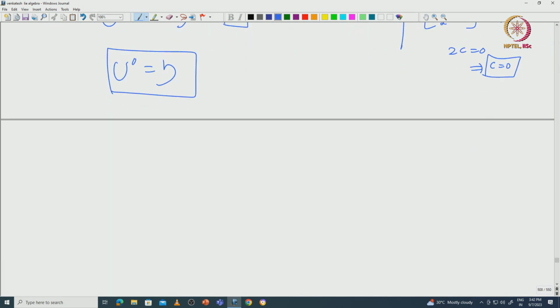Now you can see that if W is non-zero, then this W must contain some irreducible representation, let us call it V D, inside W. This is an irreducible SL2 representation. Suppose this D is even.